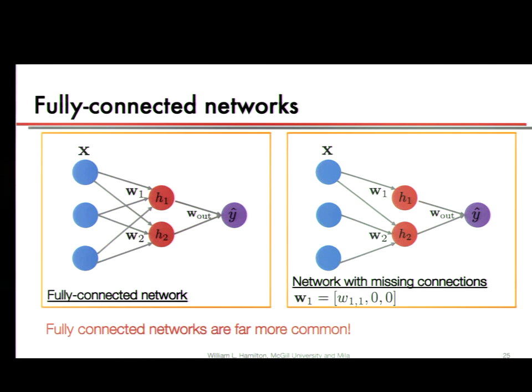Specifying architectures in this way was a relatively popular thing in the very early days of neural networks. But now, practically speaking, I haven't seen a feed-forward neural network that was not fully connected in many years in a research paper. So we call them fully connected feed-forward neural networks, but they're just the standard neural network that people use these days.